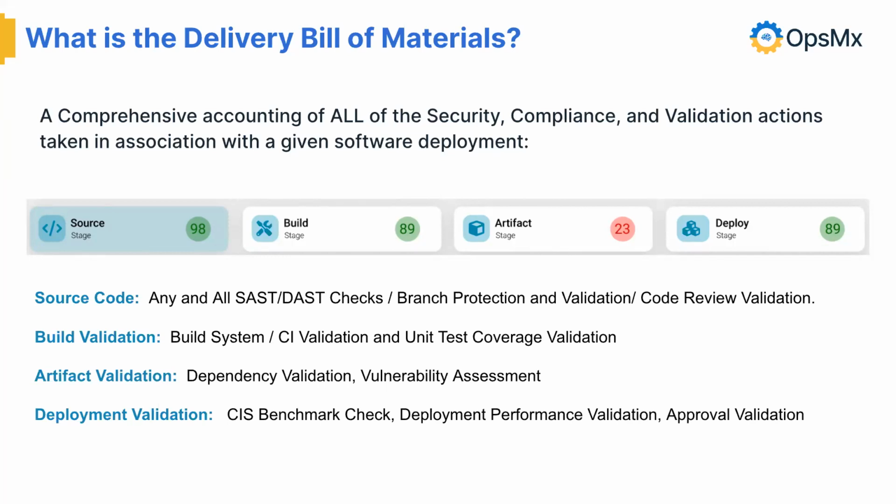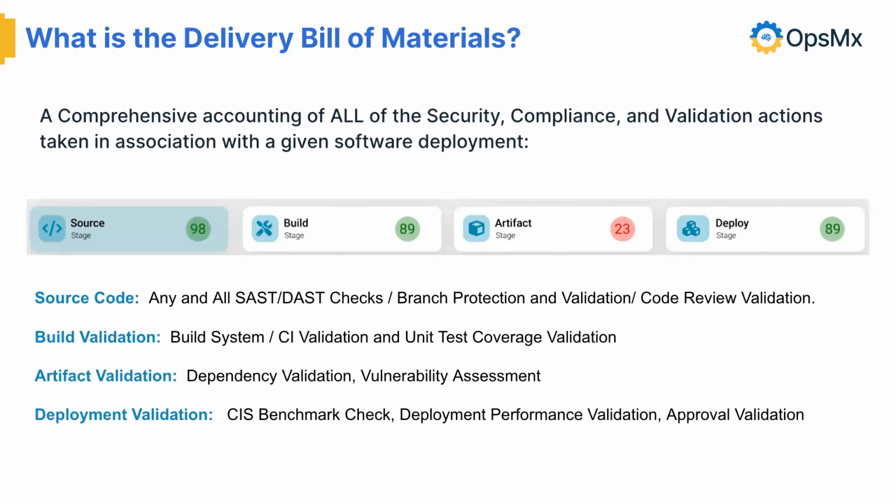As some examples, looking at source code, and we'll see a live example of this as we walk through some of the mock-ups and screen captures that I've taken in the product. But any of the dynamic or static code analysis checks, things like branch protection and validation, code review validation, when we think about source code.